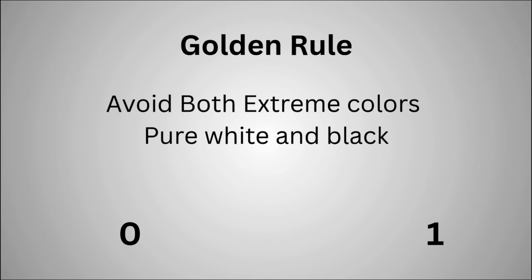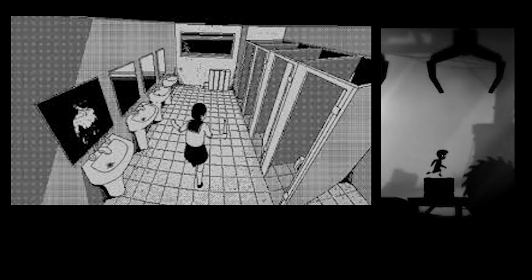So if we ever put 0 or 1 in our game or in our cinematic project, the human brain instantly knows it's fake, because our brain is not trained to perceive both of these color values. So unless you have a very specific artistic reason, avoid using both extreme values.